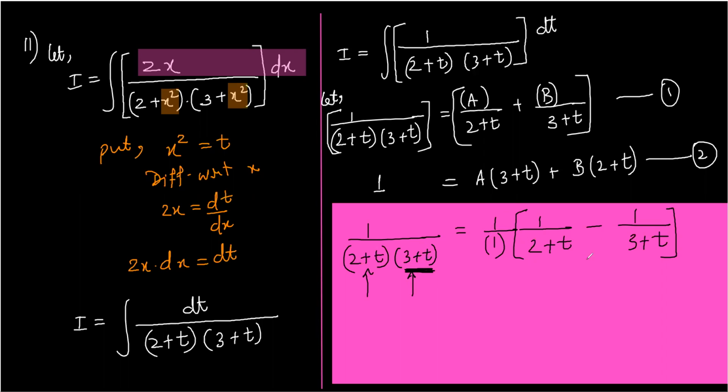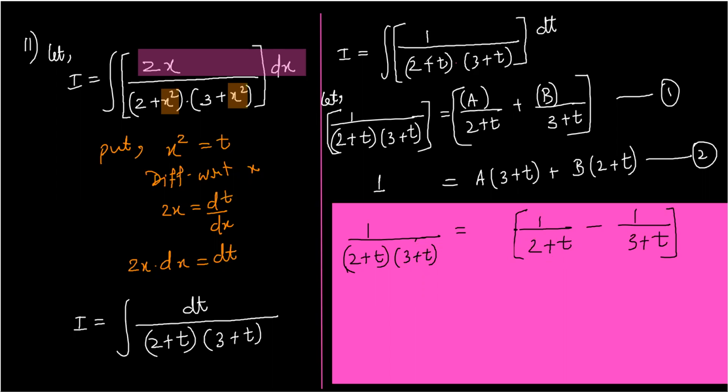So this is what you will get. See, so you already got it. So what is this equal to? Now, as you know, 1 upon 1 is 1. So this is not there. So you got the answer. You have made one fraction into two fractions. See, so fast. It is so fast.